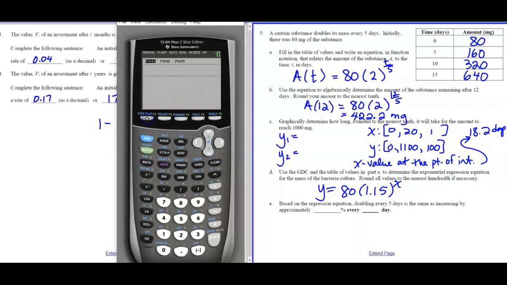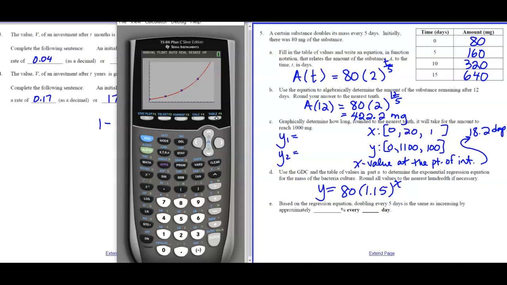Okay, if I go to y equals and I put back in there my original, which was 80, bracket 2, close brackets, the exponent, x divided by 5. You'll notice the red is graphing on top of the blue, so it is exactly the same. Okay, so those represent the same function, just a different form.